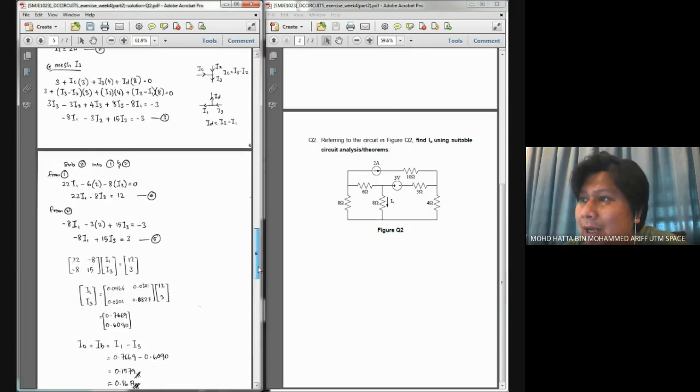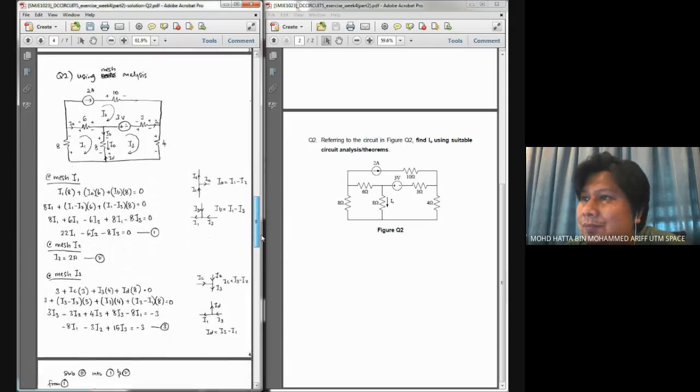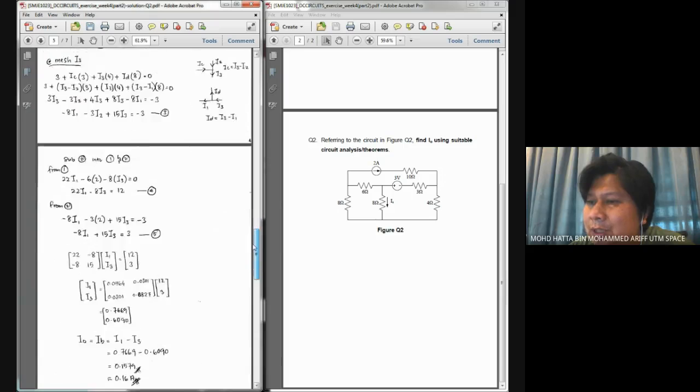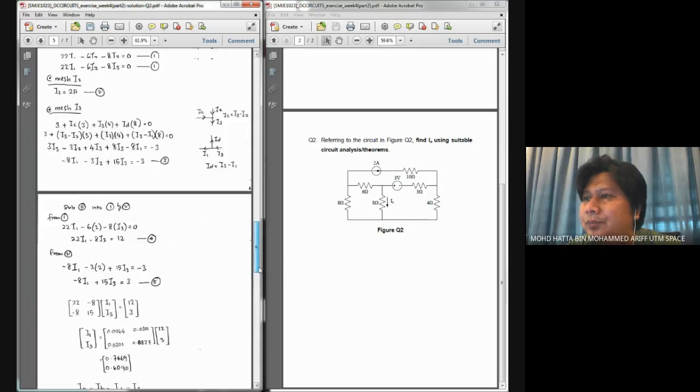Okay, I'll try to explain mesh analysis. Remember that whether it is mesh, node analysis or superposition, it should give you the same answer at the end. So IO, if you see my solution over here, I also got it as 0.16 ampere.